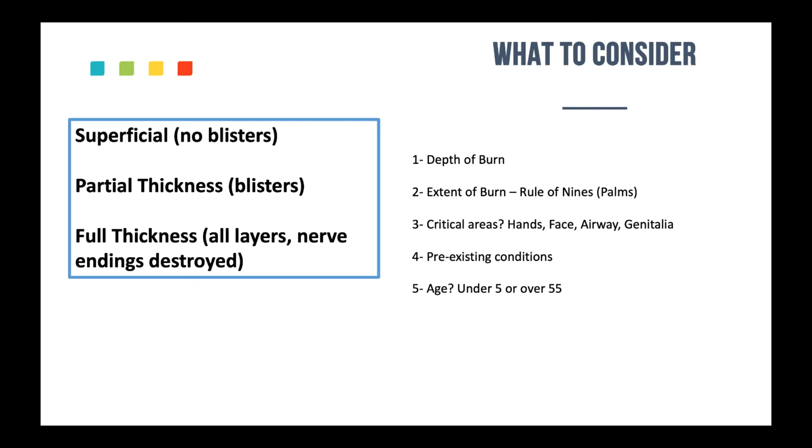Now I want to just talk quickly about the superficial burns here, and the severity. When we talk about superficial burns, this is when there are no blisters happening. You're not really seeing blisters with these types of patients, but it usually only involves the epidermis.